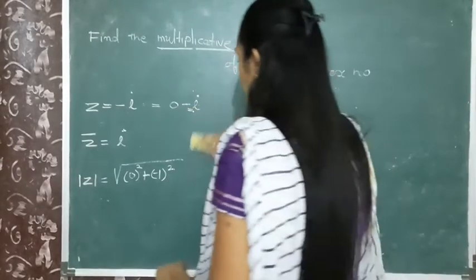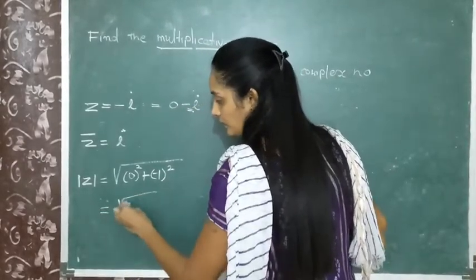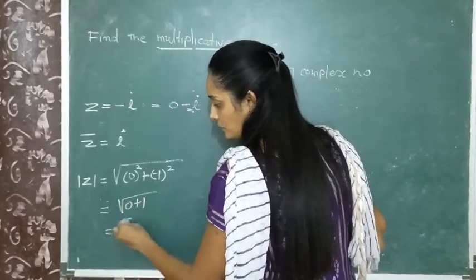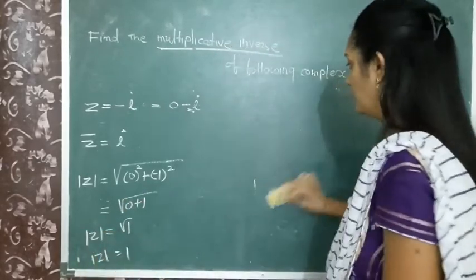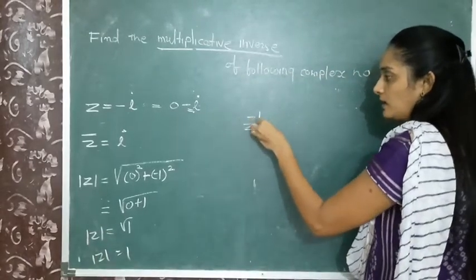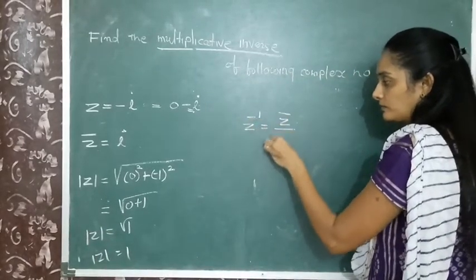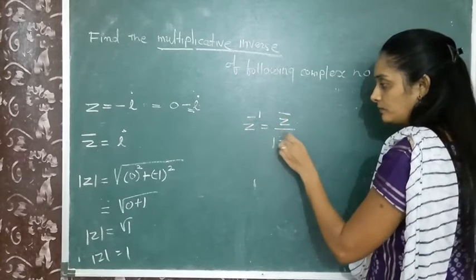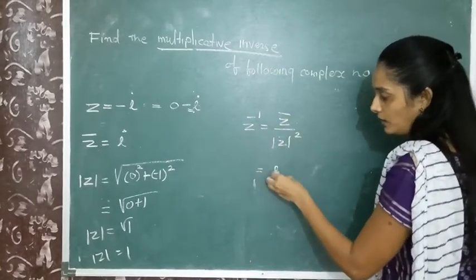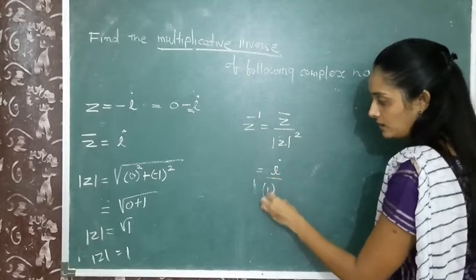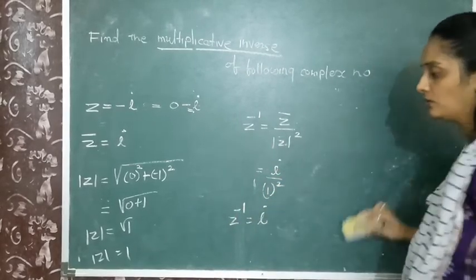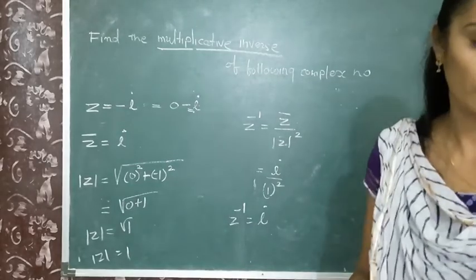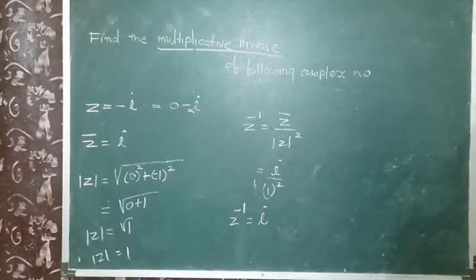So root of 0 plus 1, so root 1 is equal to 1. And now Z inverse is equal to i upon 1 square, so i. So Z inverse is equal to i. Okay, by this way we can find the multiplicative inverse.